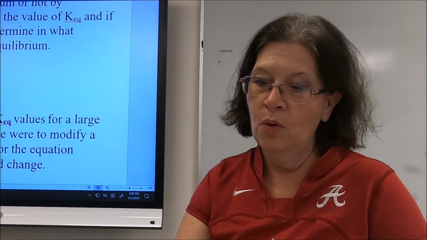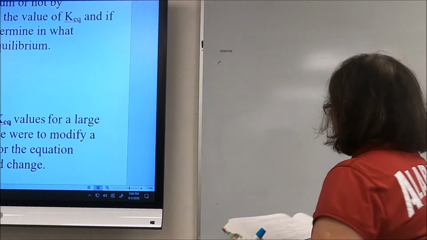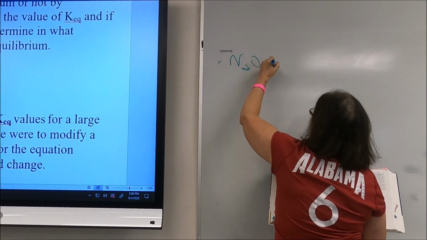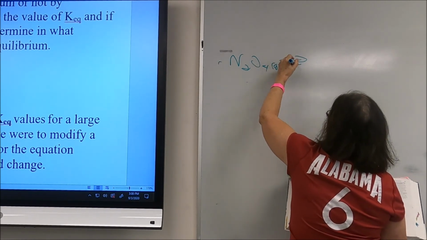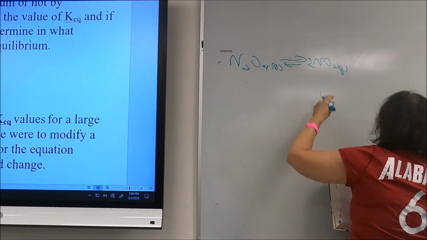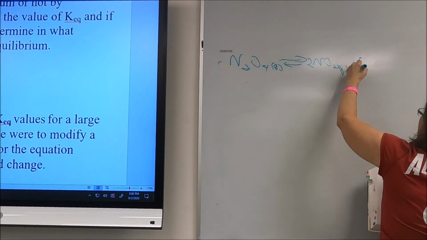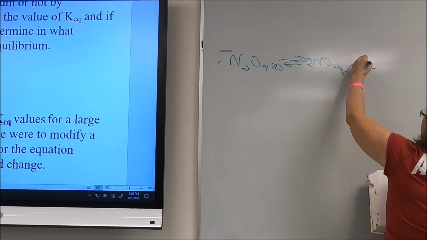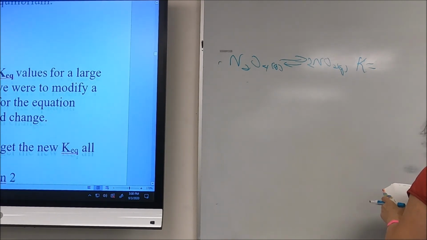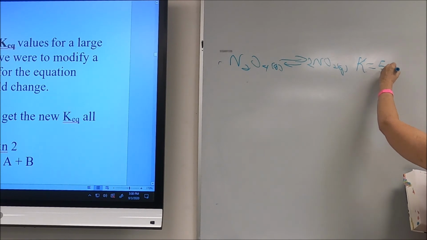All right, we're given a nice simple reaction: N2O4 gas going to NO2 gas, and there's 2 of those. And we're given the equilibrium constant K as being 5.85 times 10 to the minus 3.